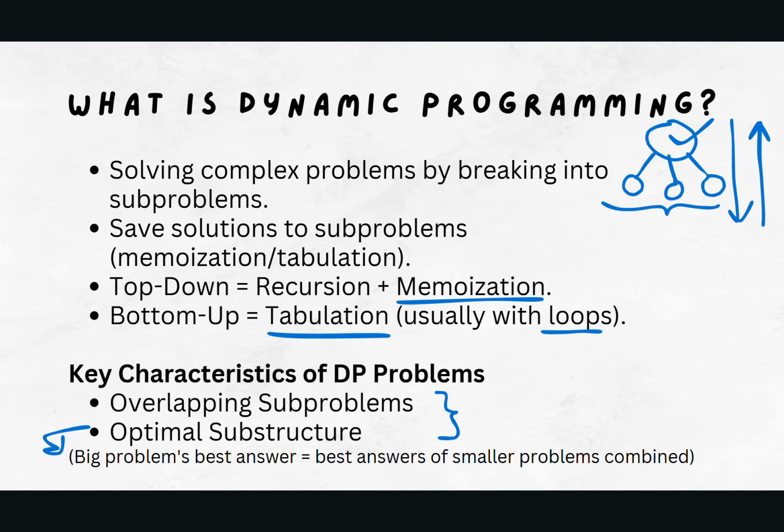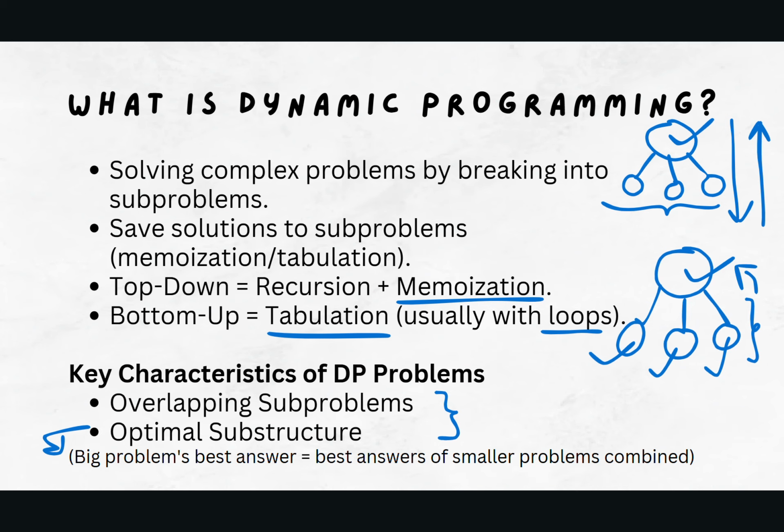So see, here we have a larger problem and various sub problems. Now if we want to find the optimal solution for this, we will need to find the optimal solutions for these smaller sub problems, and when we will combine their solutions, we will find the answer to this.